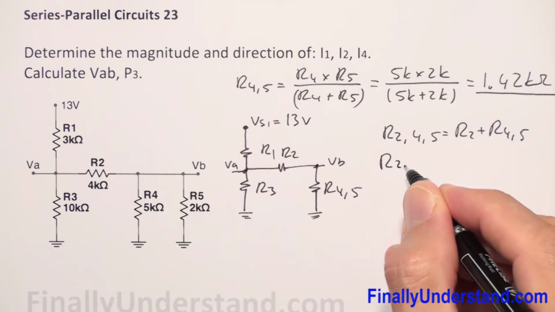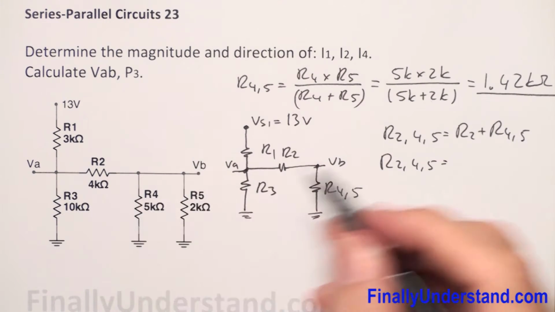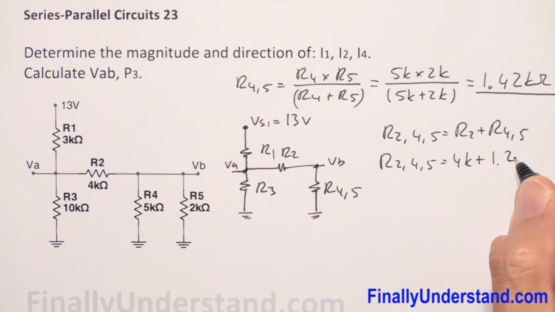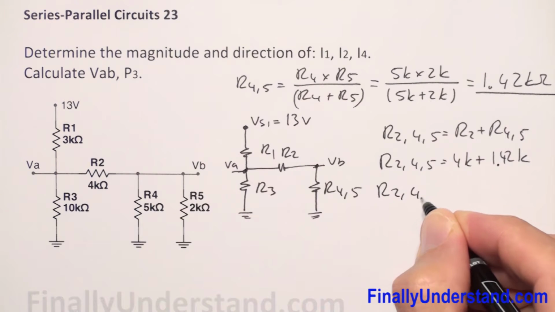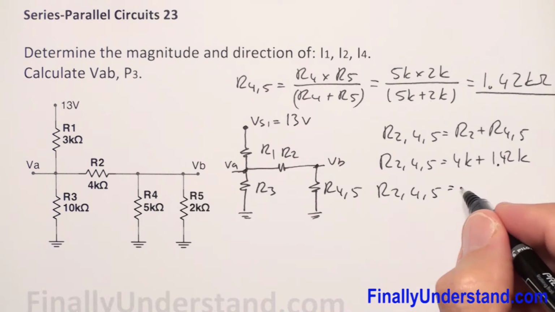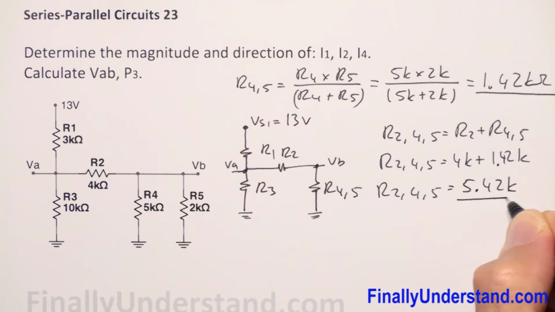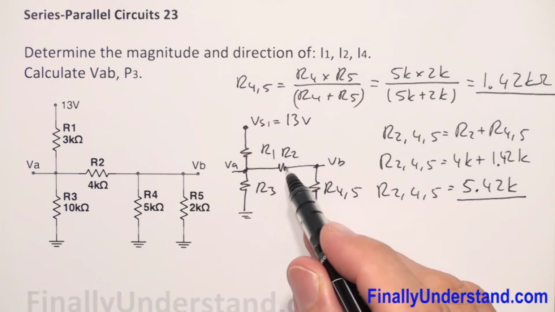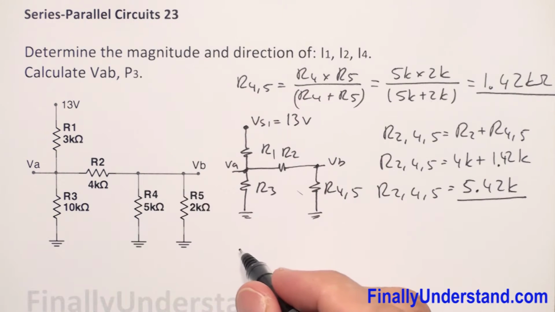So R245 is equal to R2, which is 4K, plus 1.42K. So R245 is equal to 5.42K. So this is my equivalent resistance for these two.